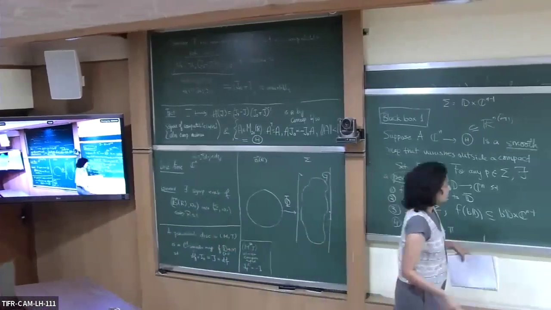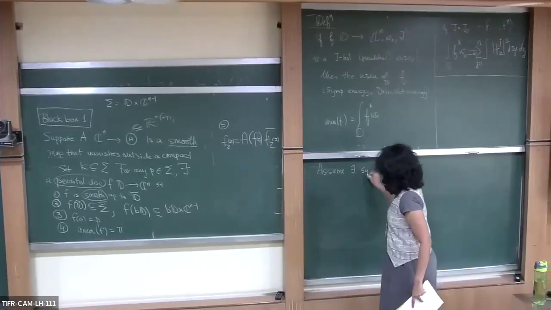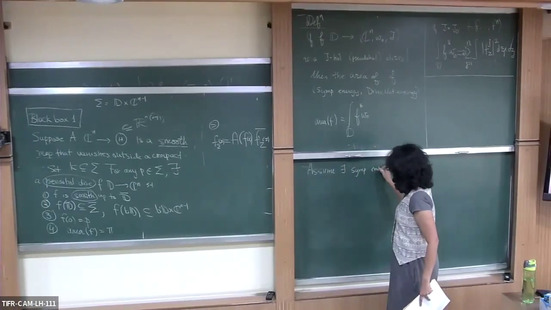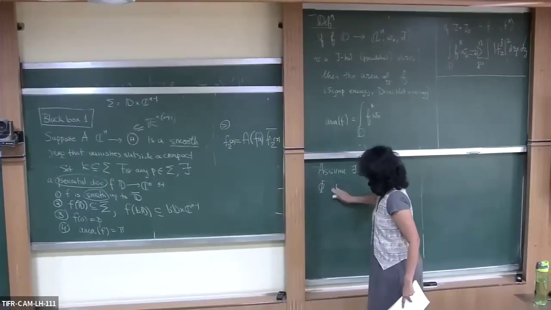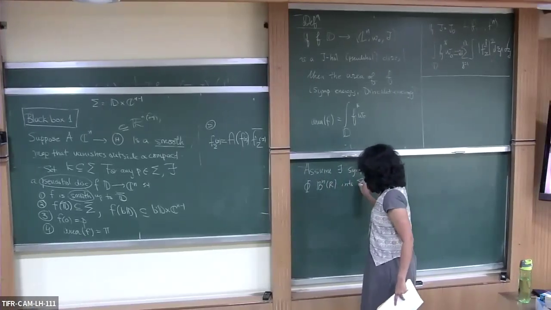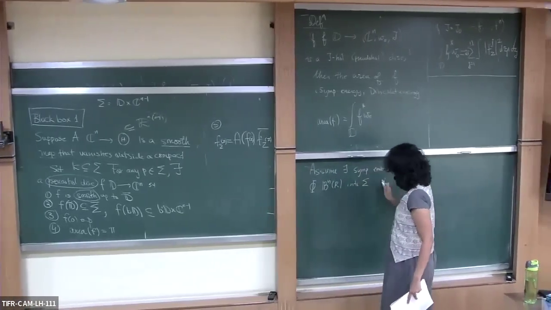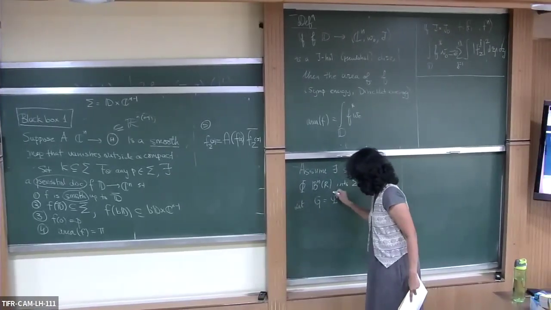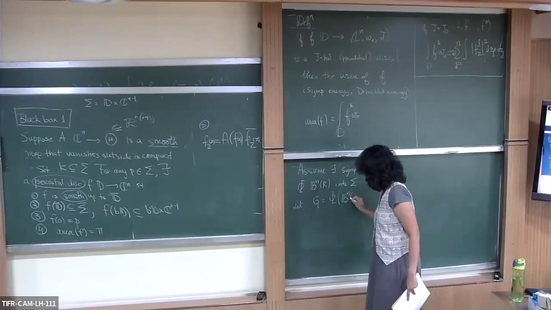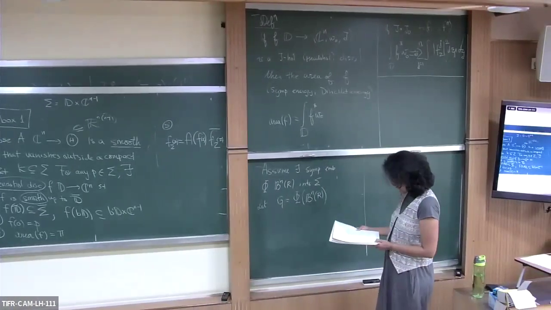So assume there exists a symplectic embedding, capital P, from the ball B_R into the cylinder. There's nothing else, it's just a symplectic embedding. Let G equal the image. Now what I'm going to do is push forward.